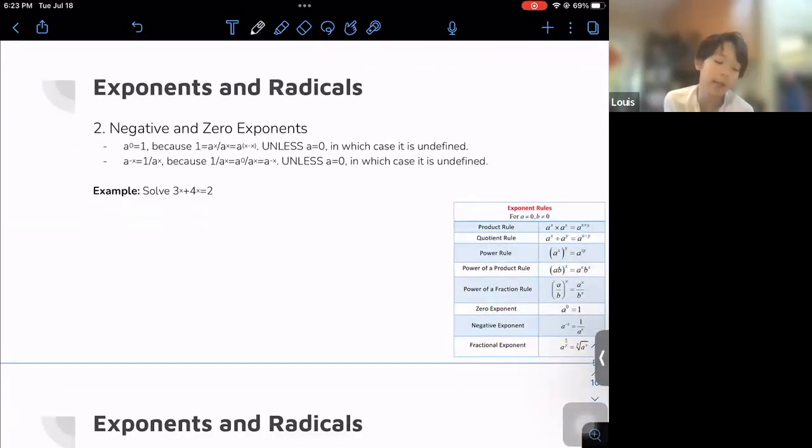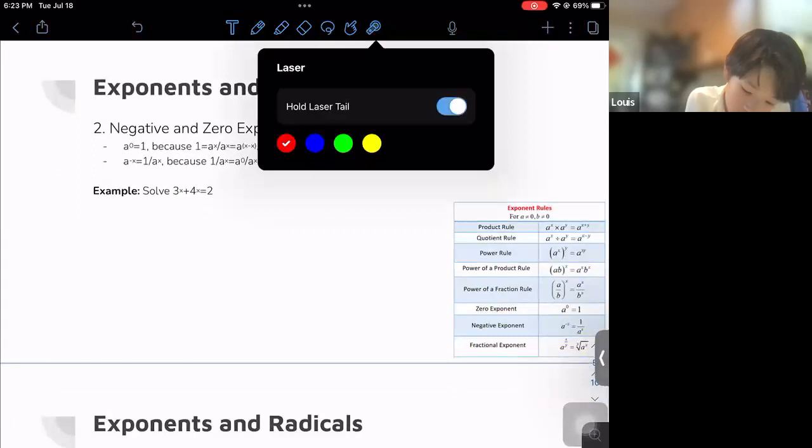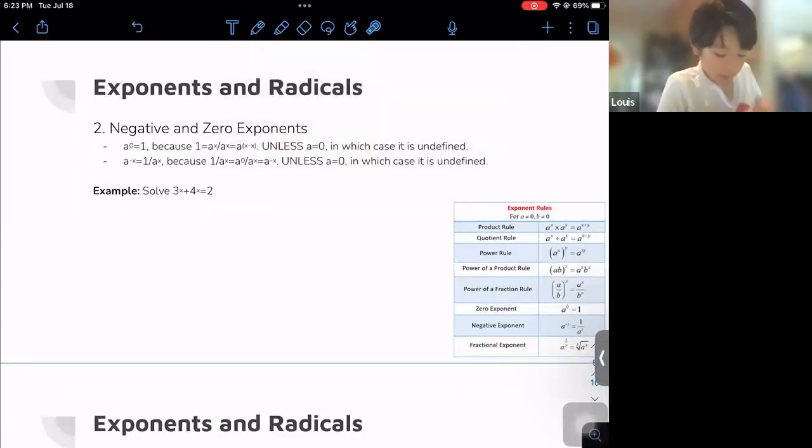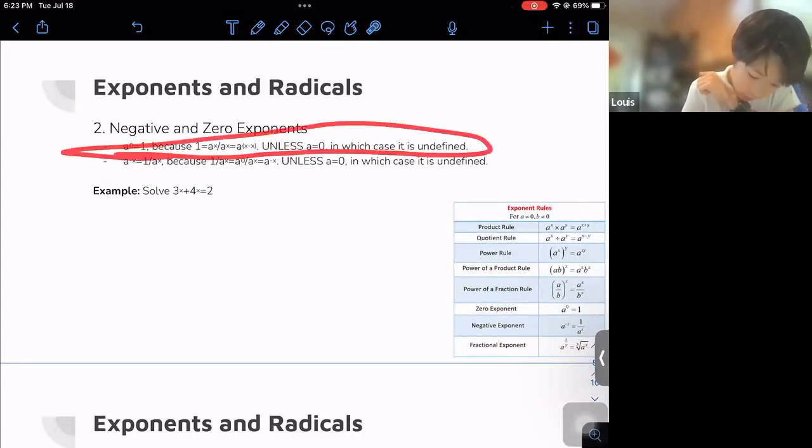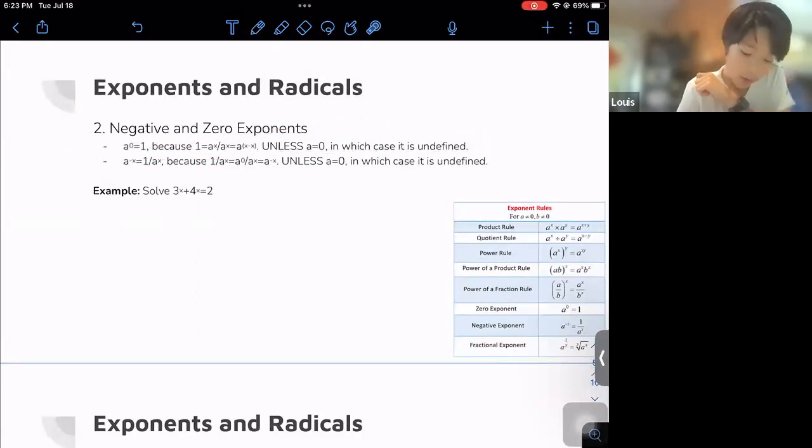So, exponents and radicals, negative and zero exponents. We have that a to the 0 equals 1 because 1 equals a to the x over a to the x, which is a to the x minus x, which is just a to the 0, unless a equals 0, in which case it's undefined.